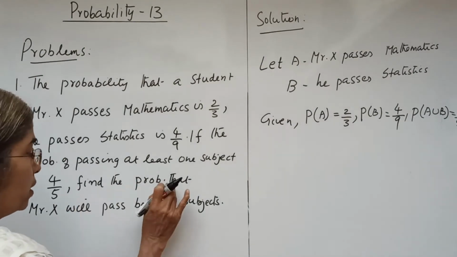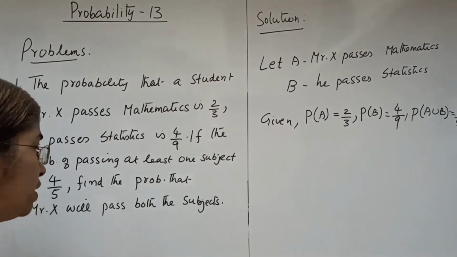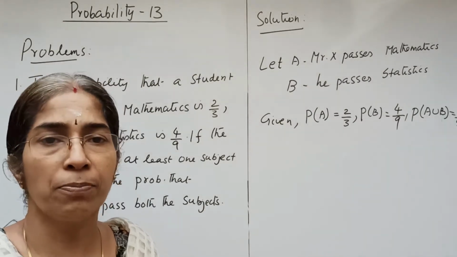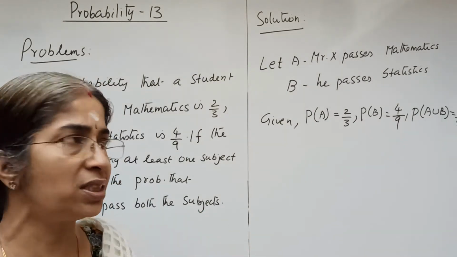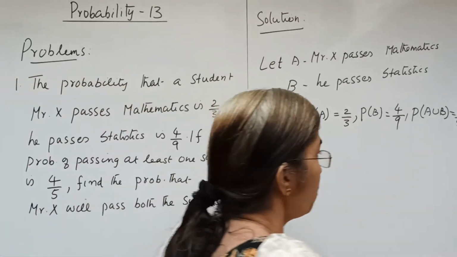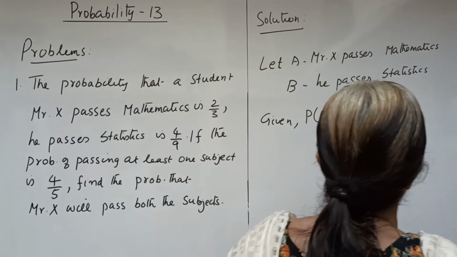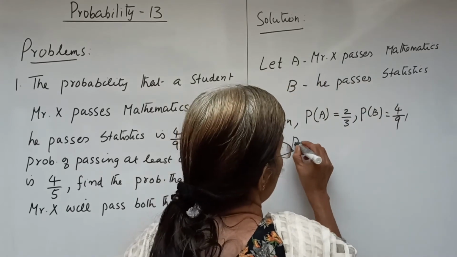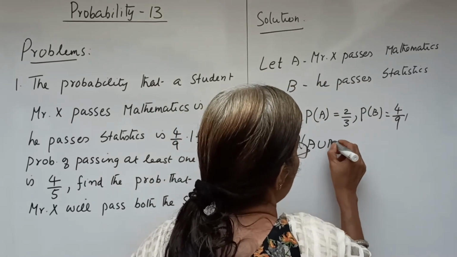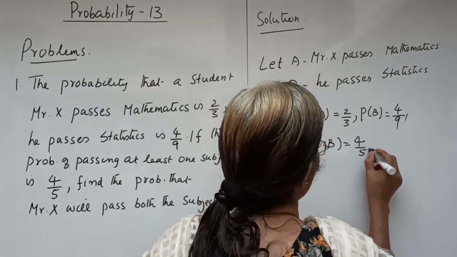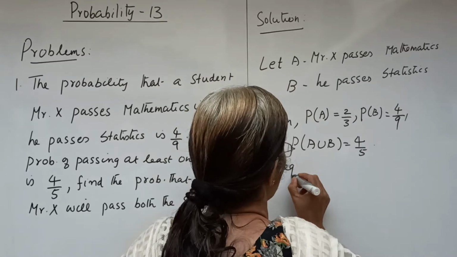Now it is required to find the probability that he will pass both the subjects. For two events A and B, P of AB is the probability of both. So P of A union B equals 4 by 5, and we are required to find P of AB.